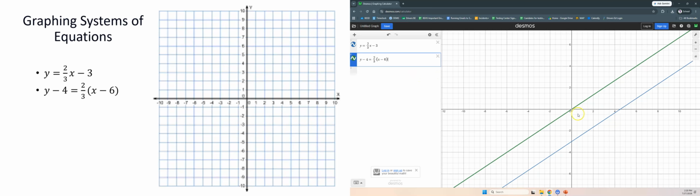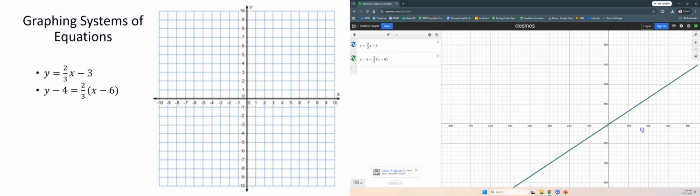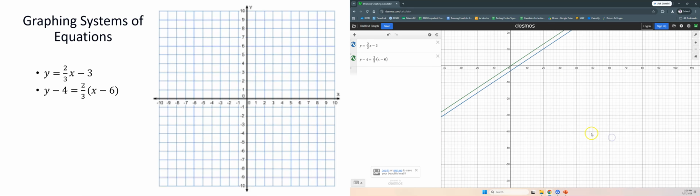Let's see. Do they cross anywhere? I can keep zooming out and out and out. It looks like they never cross.